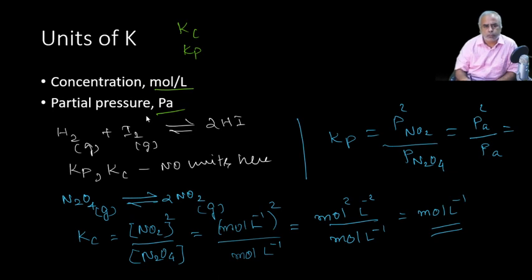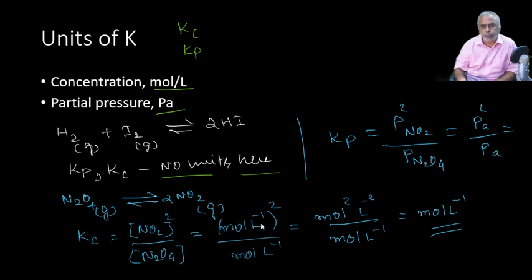Let us consider the formation of hydrogen iodide. So here there is no unit at all, because this 2 moles means mole per liter squared, and this is also mole per liter squared, so they can be cancelled. No unit, it's dimensionless for formation of HI. But in the case of N2O4 to become 2NO2, let us work out NO2 whole square divided by N2O4.